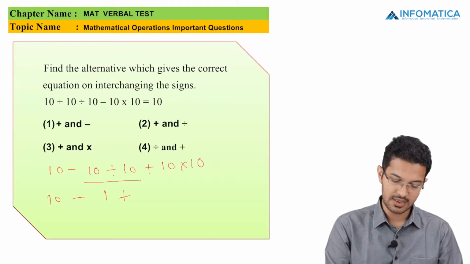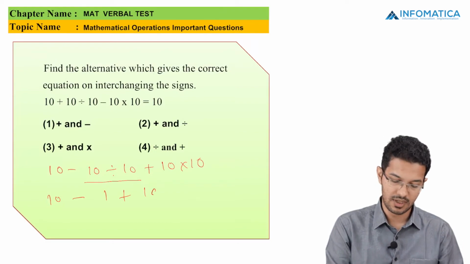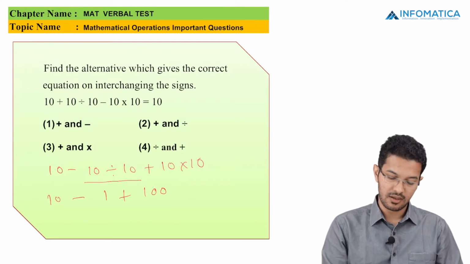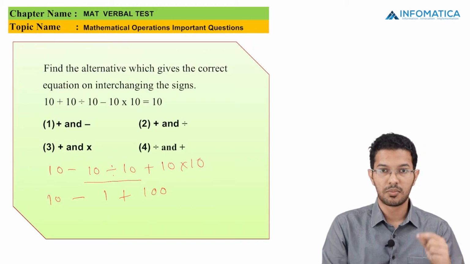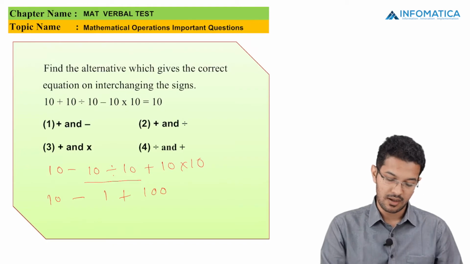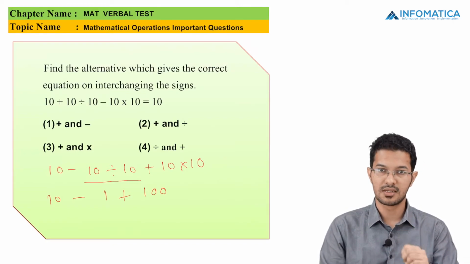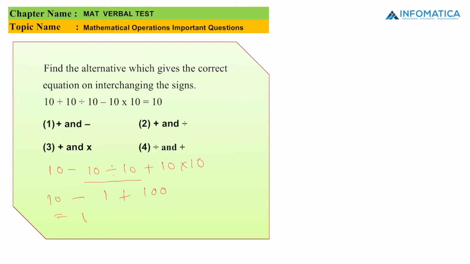Then I go for multiplication, 10 multiplied by 10 is giving me 100. So we get 10 minus 1 plus 100. So let me write it down.